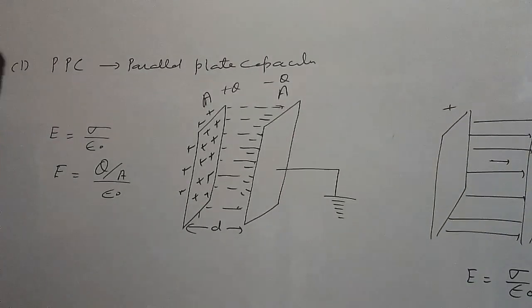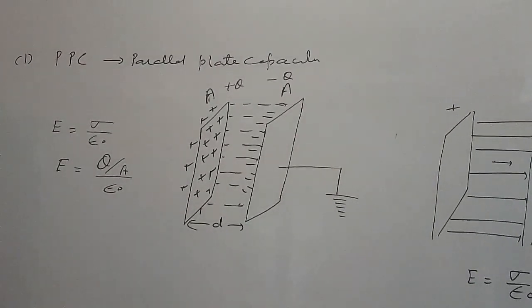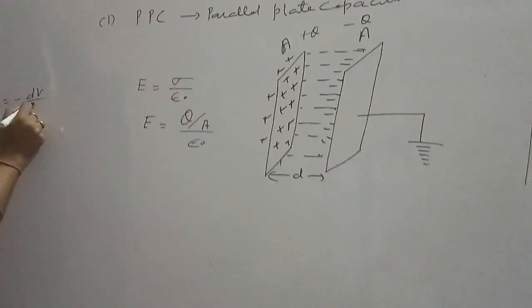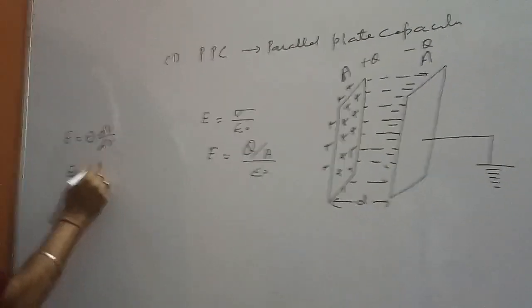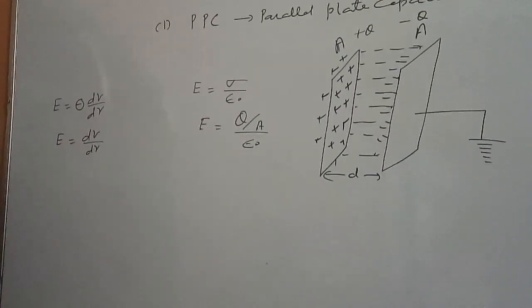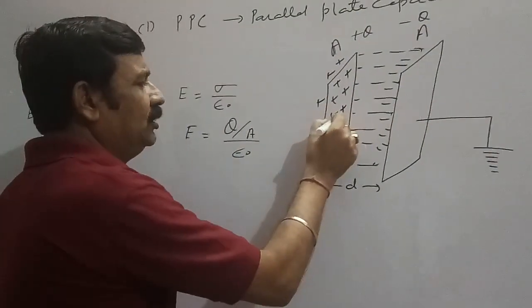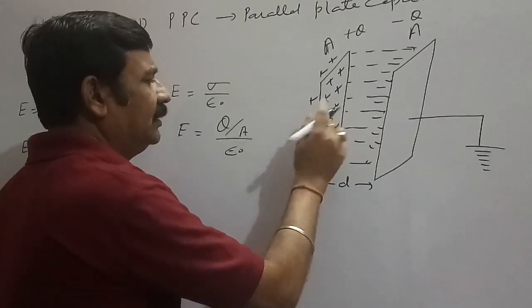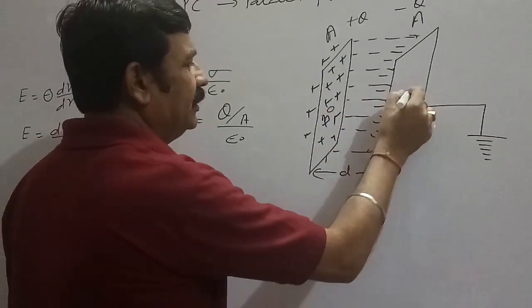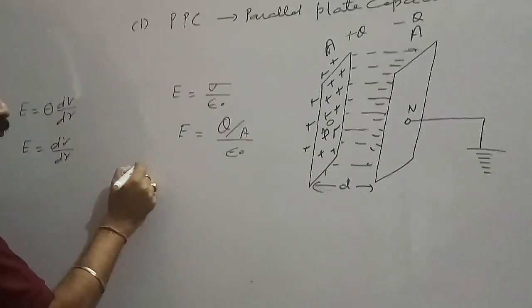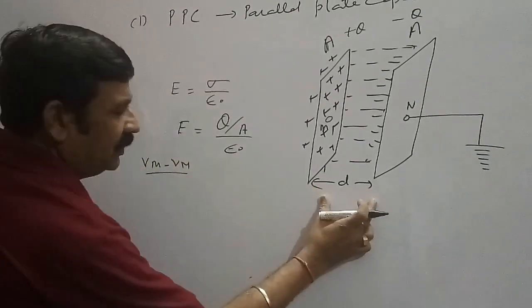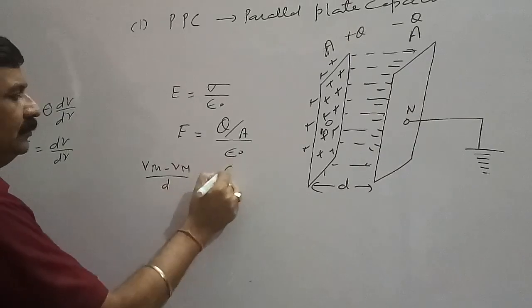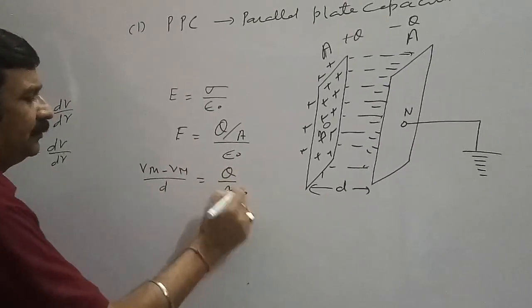Now since intensity is equal to minus dV by dr, if we think only of magnitude, it will become dV by dr. In this case dV will be the potential at m minus the potential at n, where this plate point is m and this point is n, and dr will be small d, equal to Q by A epsilon naught.